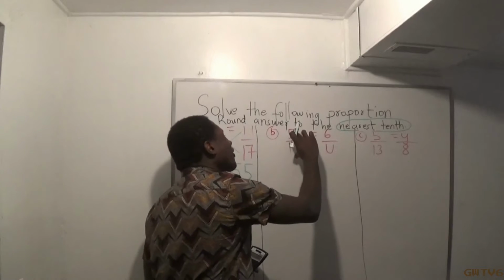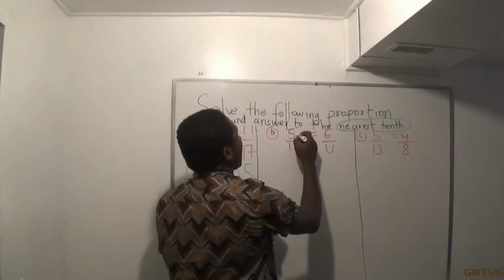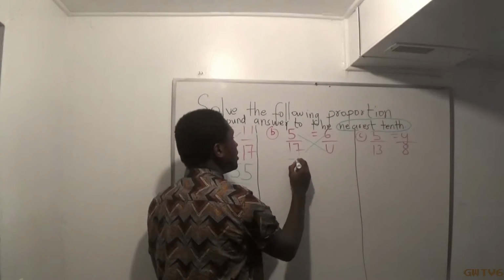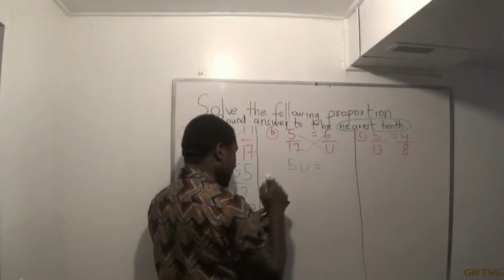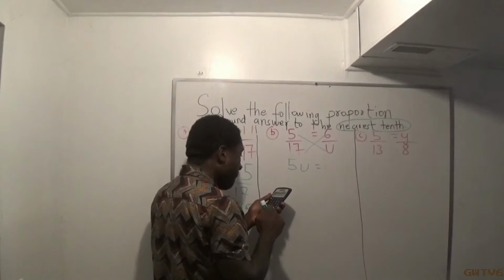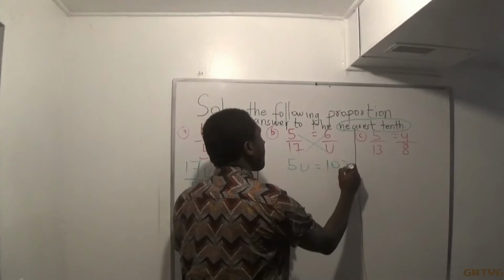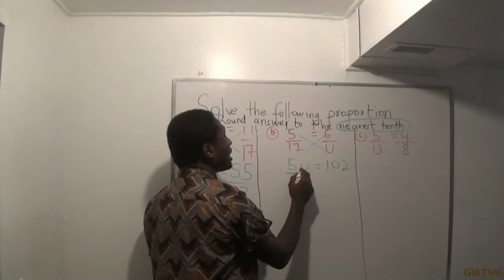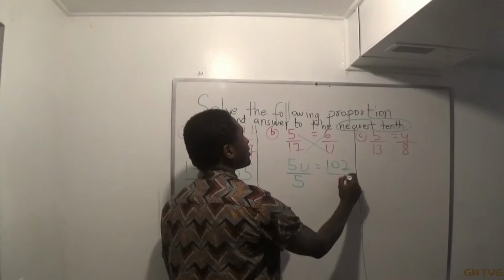And that's it. Well, what about this one right here? Again, I have a fraction equals a fraction, and I'm being asked to solve. So I'm just going to cross multiply. 5 times u is 5u. I bring down my equal sign. 17 times 6 is 102. I'm solving for u. So in this case, I have to divide by the number with the variable, which is 5. I do the same thing on the other side.